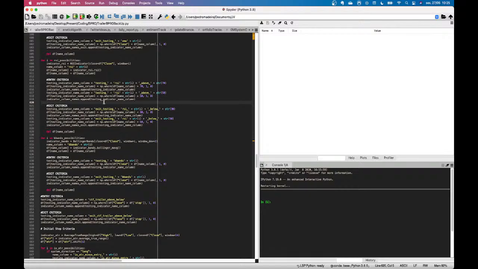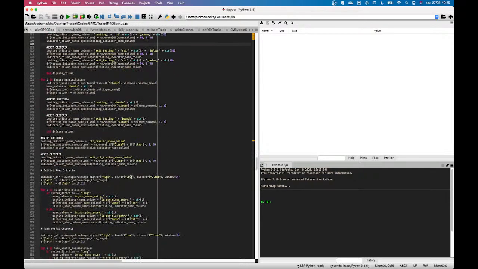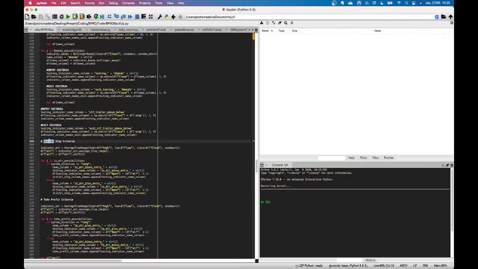Now, I gave it the bias of trend following and of mean reversion. I put in some rules, but those are more trading related rules, the philosophy behind trading. It's not specific to an indicator. So we have the current time frame trailer here. We have the ATR, which I use for the initial stop.